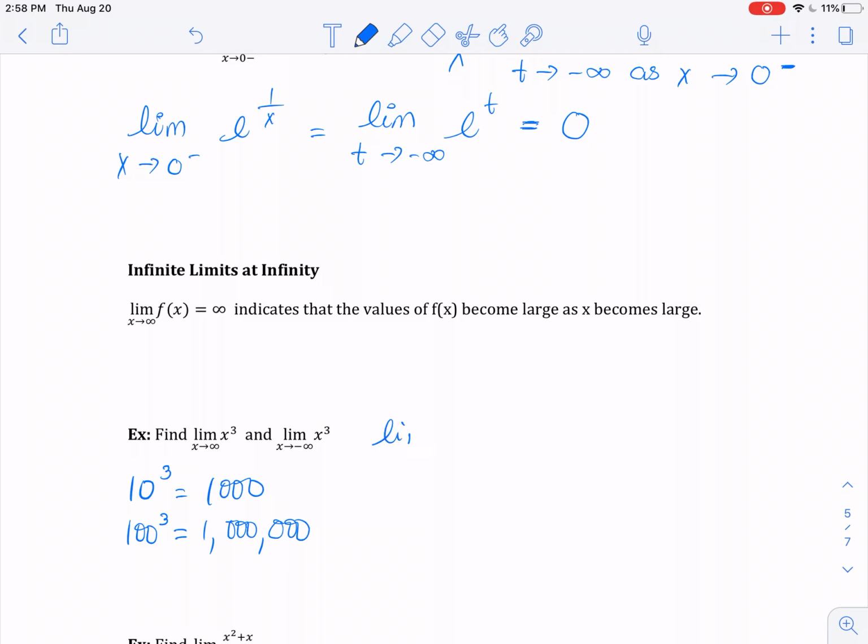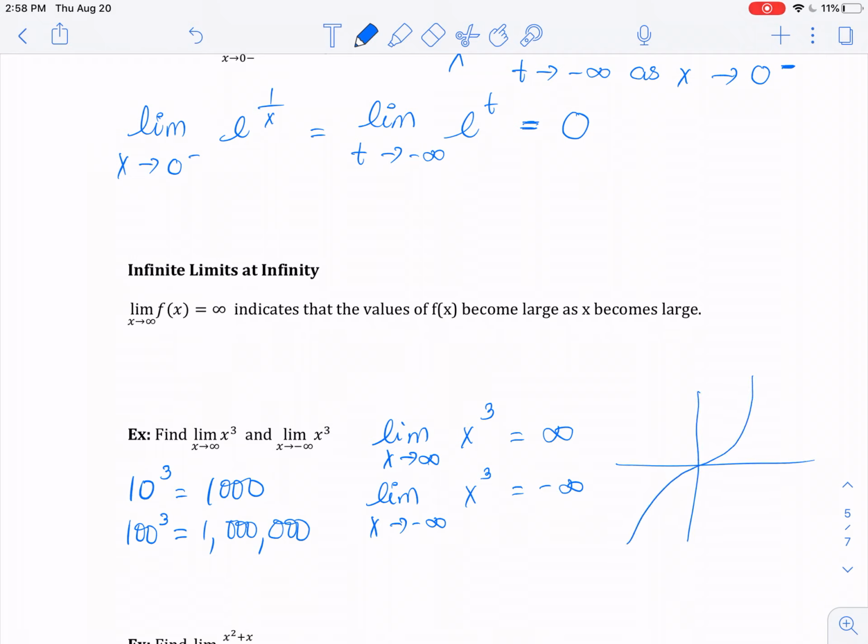So the limit as x approaches infinity of x cubed is going to be infinity. And the limit as x approaches negative infinity is going to be negative infinity. If you sketch the graph, you can see it.